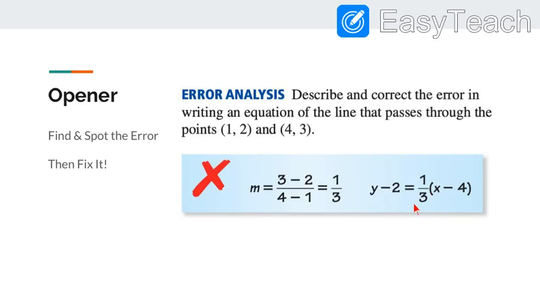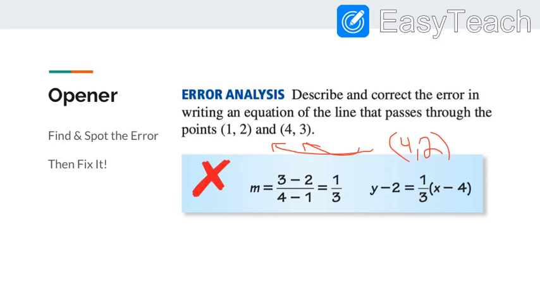Now as we go over here, we see they put in 2 and 4, meaning they would have had to use a point of 4, 2. However, that's not either of these points. So their issue was they didn't pick one of the points, they just combined the points. So they could have had two different answers.